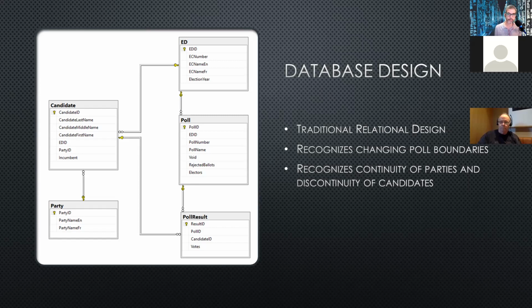This presents a pretty big challenge in analyzing and comparing election results between campaigns. For example, if you wanted to compare election results in 2015 against results in 2019 in the riding that I'm in, Windsor West, you can't simply say poll 100 in 2015 and compare it against poll 100 in 2019, because poll 100 is a completely different geography in 2015 versus 2019.